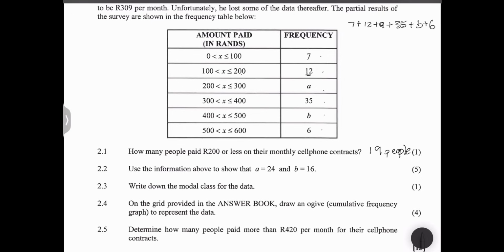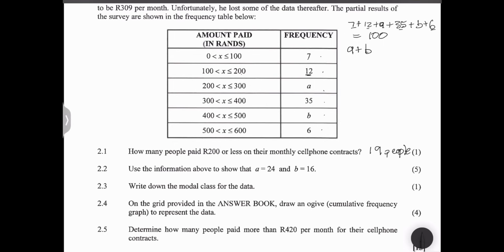All of that should be equal to 100. So I'm going to have A plus B. If I take the sum of all of these, I get 60.